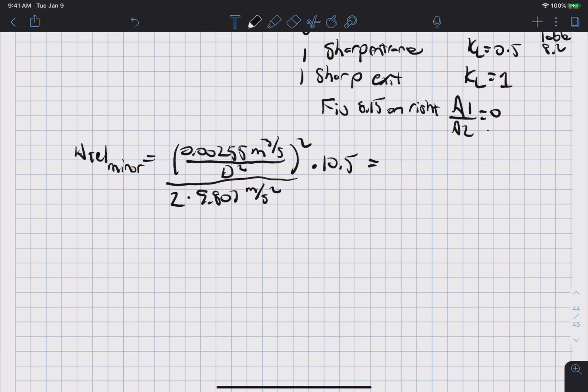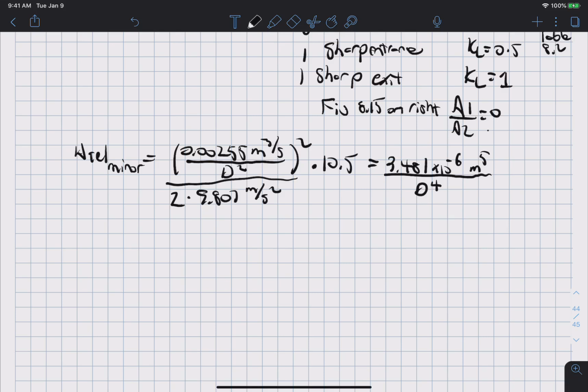And if we punch in the numbers, this turns into 3.481 times 10 to the minus 6 meters to the 5th over diameter to the 4th. Okay. So we've done the minor losses.